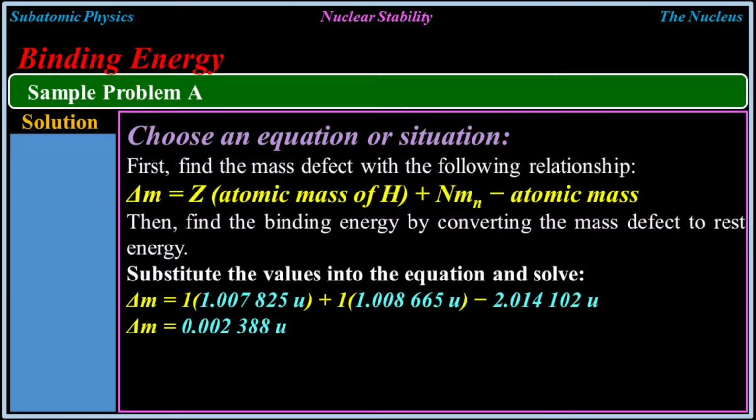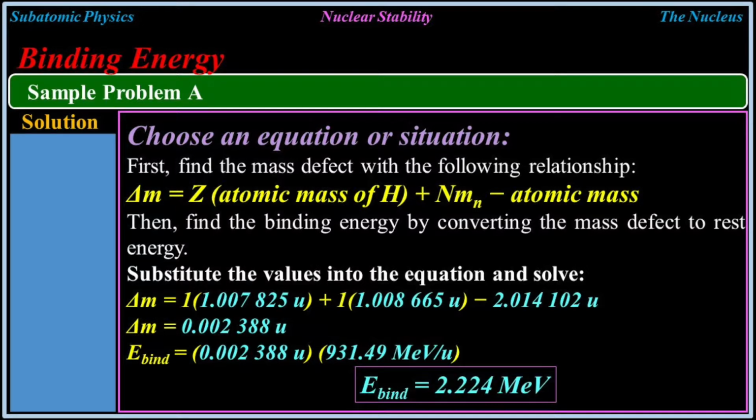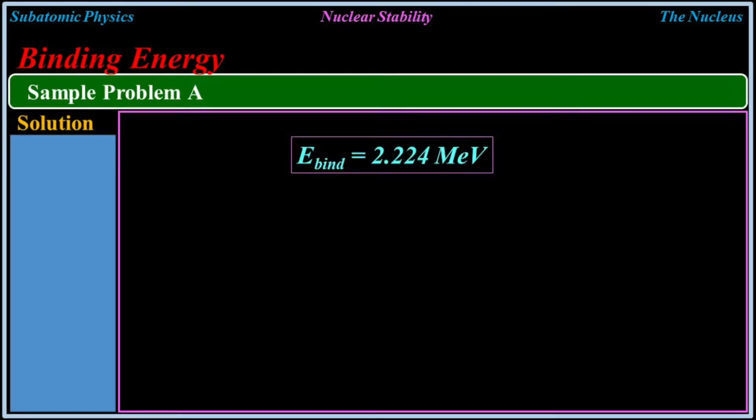And there is the mass defect. All right, so the E bind equals 2.224 mega electron volts.